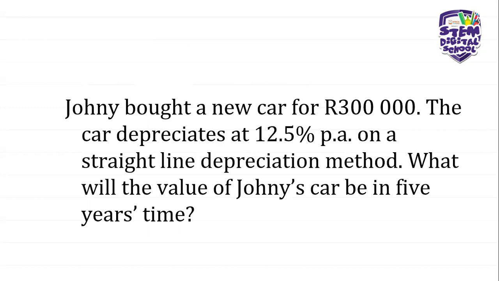So remember, there are two ways in which we can do this. One, I've already shown you. You can utilize the formula. Remember the formula: you need to look at the 12.5%, and you divide that by 100. It will give you 0.125. And the number of years is given by 5, so you multiply that by 5. If you multiply this by 5, you get 0.625.